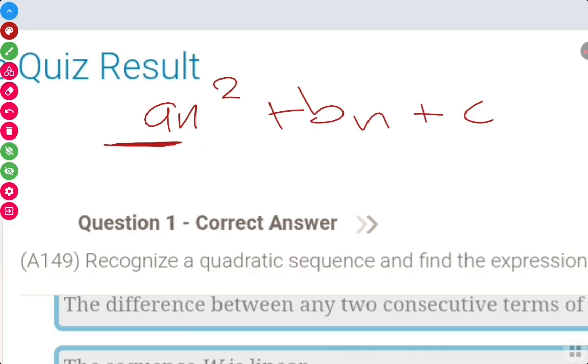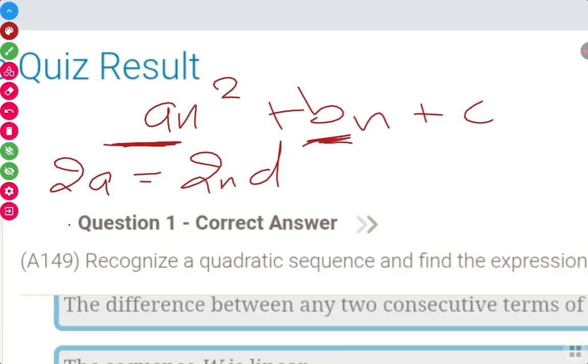So to find a, you do 2a equals the second difference. When we say second difference, I mean the first number of the second set of differences. To find b, you do 3a plus b equals the first difference. When I say first difference, I mean the first number we get in the first set of differences.